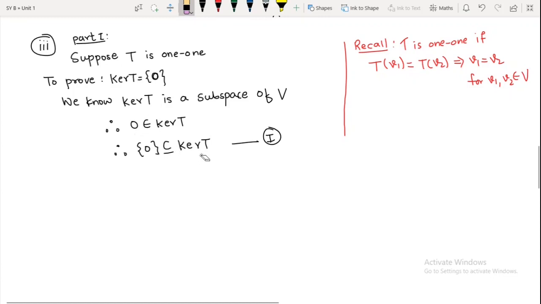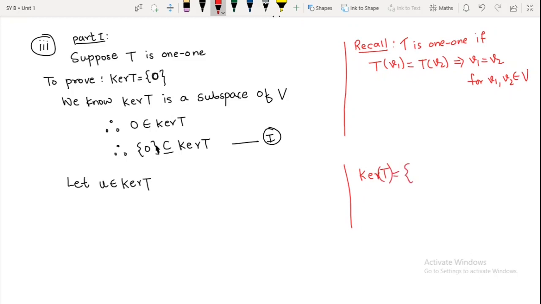Now I will take an element of kernel of T and I will show that it is present in this set, that is singleton 0. So I will say let some u belong to kernel of T, right? Now just recall the definition of kernel of T. What is kernel of T? Kernel of T is equal to like this, right?